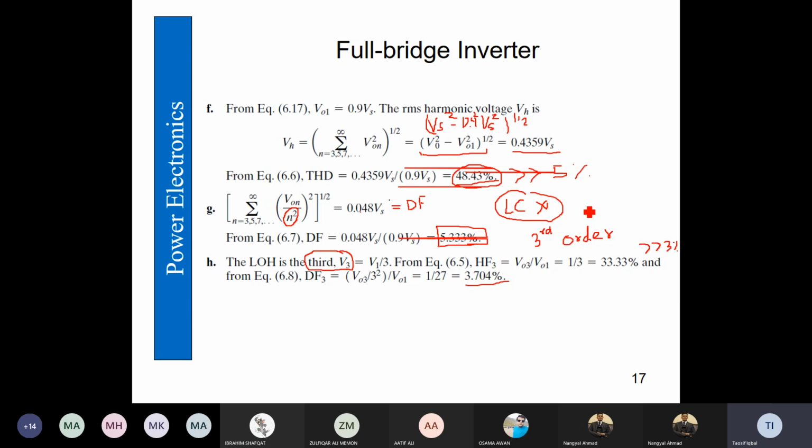That means even second order filter is not enough, and the solution is third order filter. But in practice we are not using third order filter, we still use second order filter, but we generate the PWM in such a way as to reduce the harmonic components.